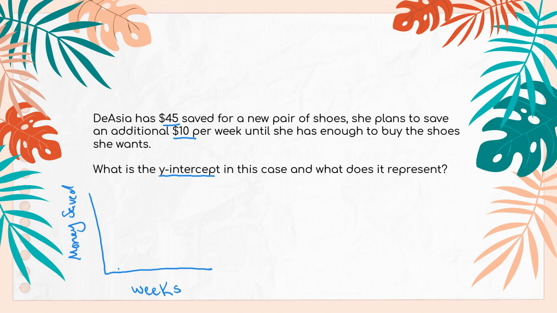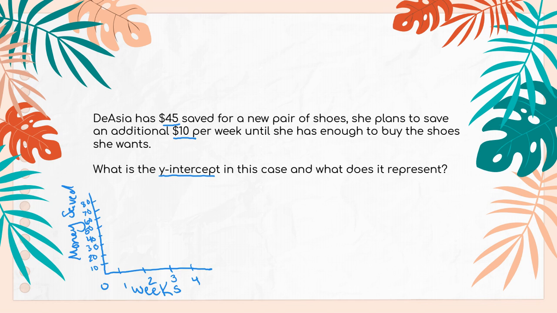So week 1, well, let's start at 0. 1, 2, 3, 4, and then I'm just going to go by 10. So 10, 20, 30, 40, 50, 60, 70, 80.